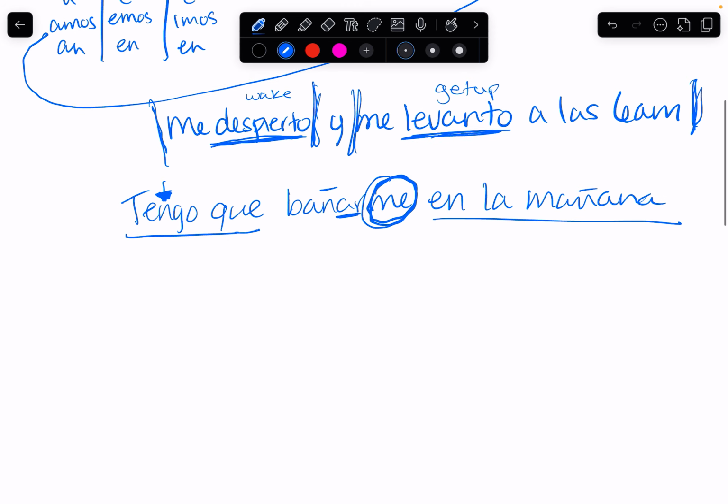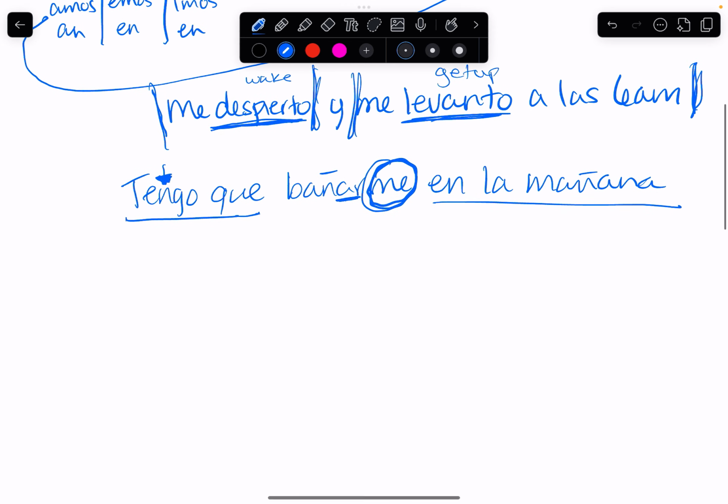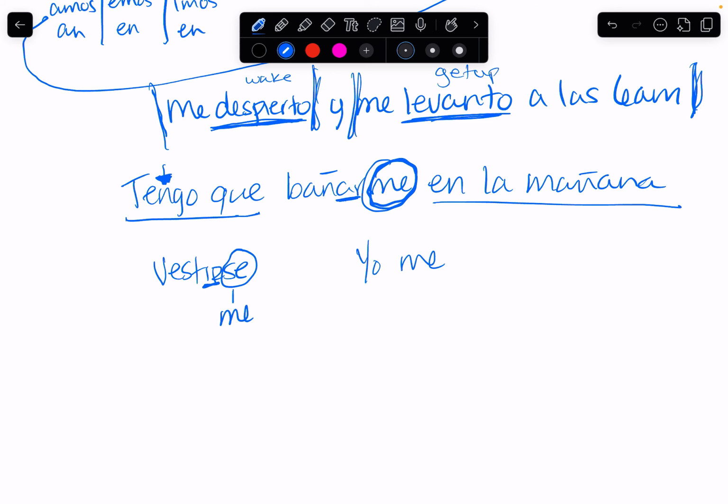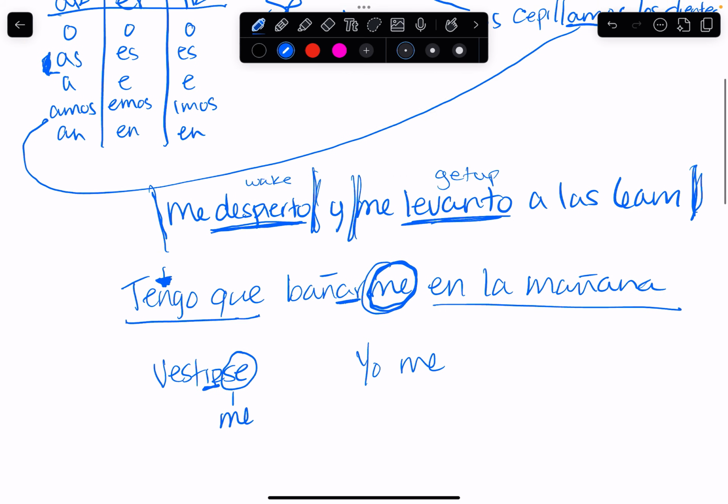So let's try a different one. Let's try vestir. If I'm trying to say I get dressed in the morning, it would be yo, and then my reflexive pronoun would be me because I'm doing the action to myself, me, and ir goes up here.